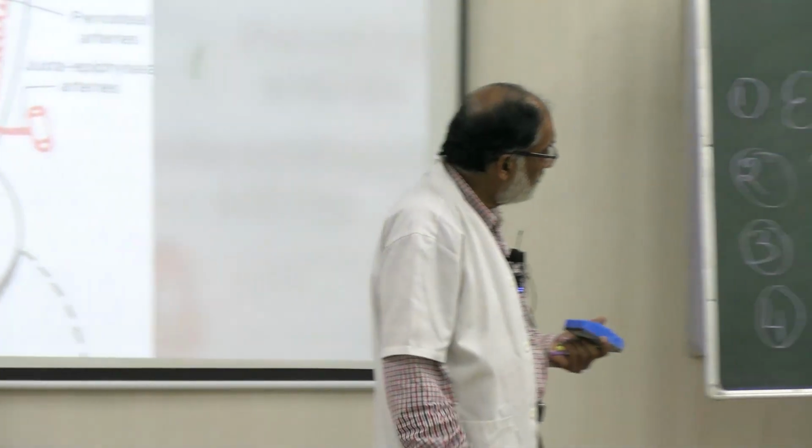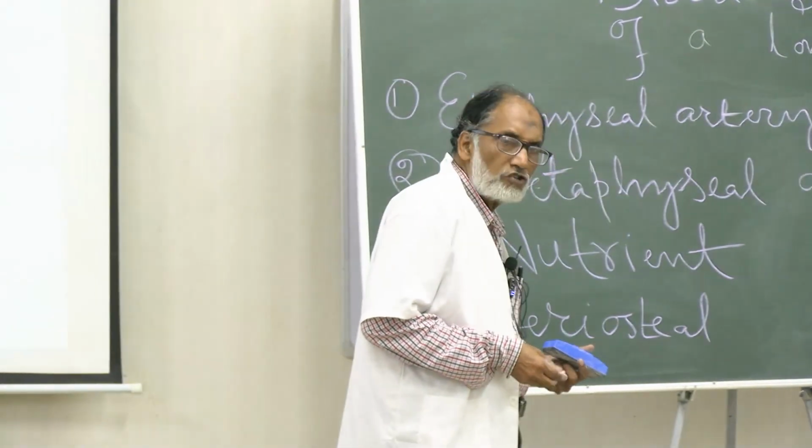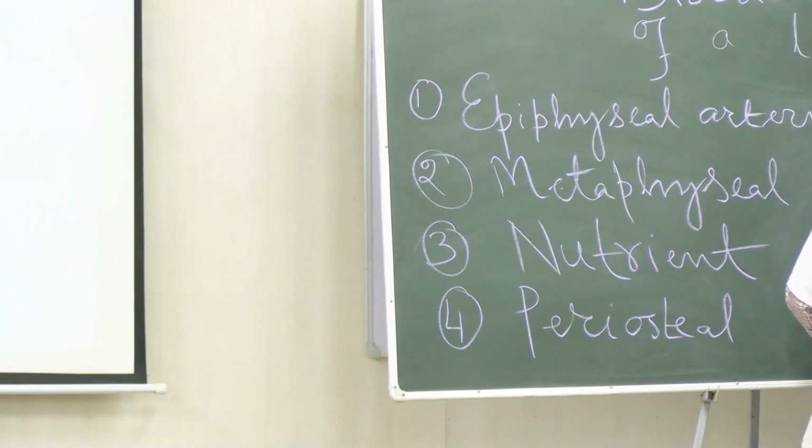Now, the second group of arteries I will draw, that is the periosteal artery. Here lies the periosteal artery.